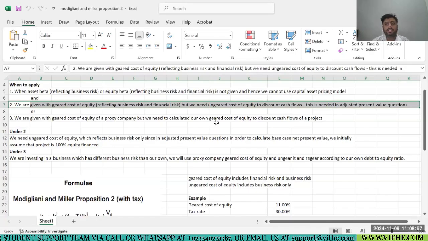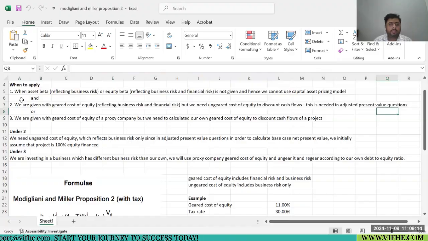So the only risk is your business risk, and you have to calculate your cost of equity based on business risk. For example, in an adjusted present value question, if you are provided with geared cost of equity and you need ungeared cost of equity: geared cost of equity means a cost of equity that reflects business and financial risk both.